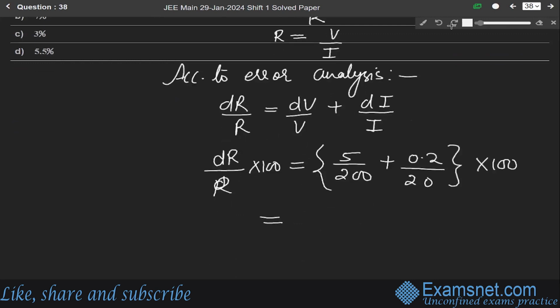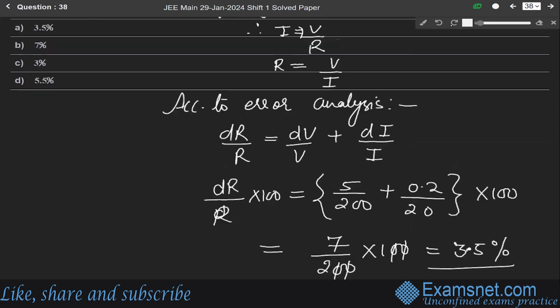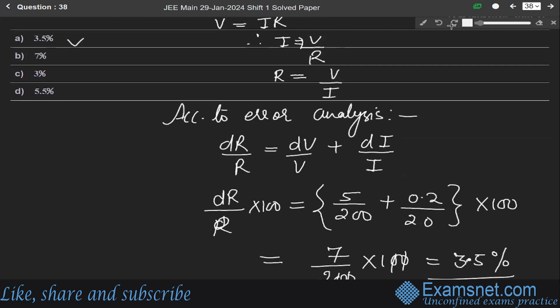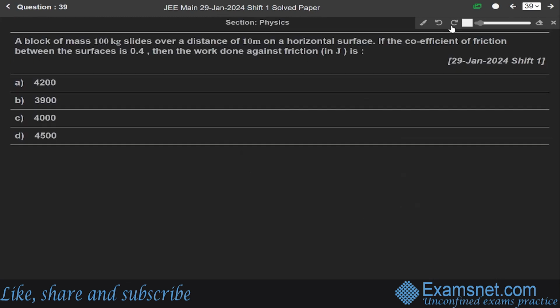So it will be equal to 7 over 200 into 100, which becomes 7 by 2, meaning 3.5%. So the correct answer is 3.5%, option A.